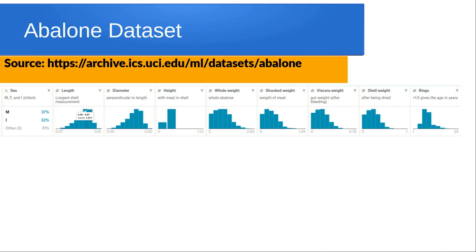Now coming to the next dataset, that is the Abalone dataset. The Abalone dataset involves predicting the age of abalone given objective measures of individuals. The age of abalone is determined by cutting the shell through the cone, staining it, and counting the number of rings through a microscope, a boring and time-consuming task.